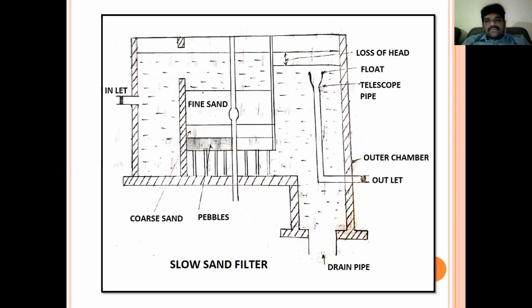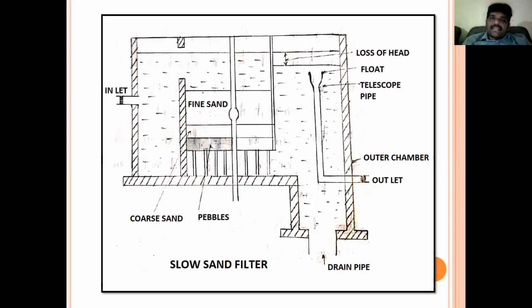Understand? Simply one more time. See here, the water enters through the inlet and is distributed on the filter media. Through this filter media, water is sent to the outlet chamber. The water level on the sand bed and the water level in the outlet chamber together give the information of loss of head.